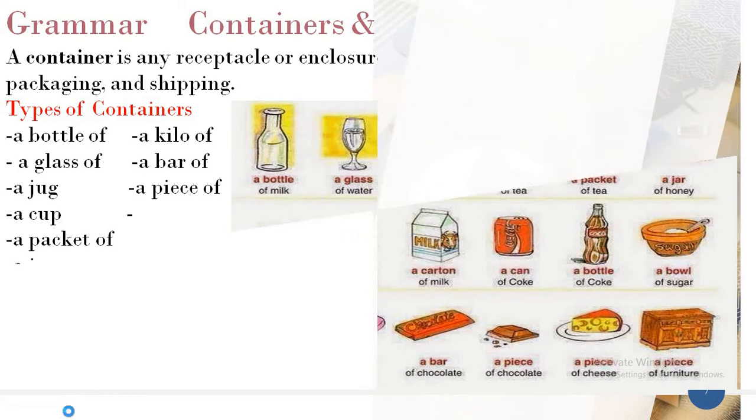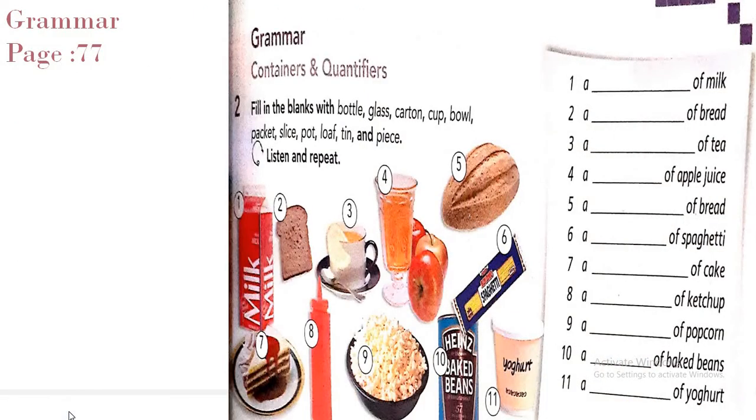Here we have milk, bread, tea, apple juice, bread, spaghetti, cake, ketchup, popcorn, baked beans, yogurt. These are the pictures of each word. Pause the video and try to do the exercise.